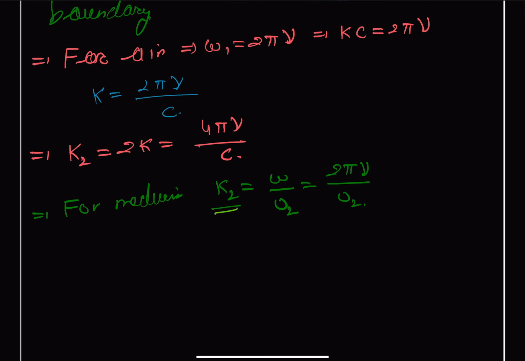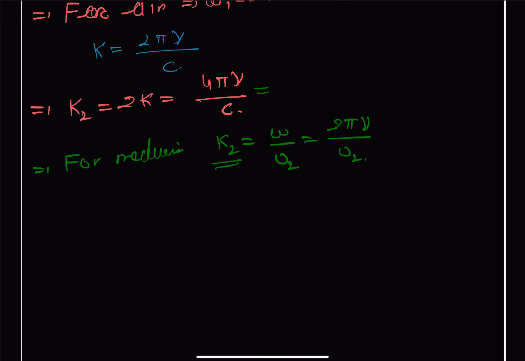We substitute the value of k2 as 4 pi nu upon c, so we get 4 pi nu upon c is equal to 2 pi nu upon v2. This gives us that our v2 is equal to c upon 2.